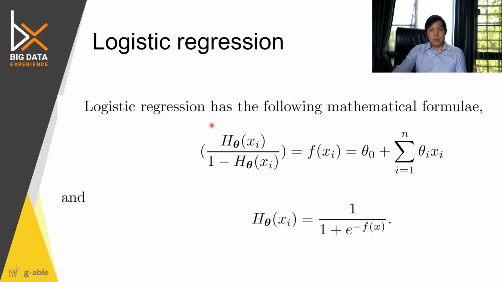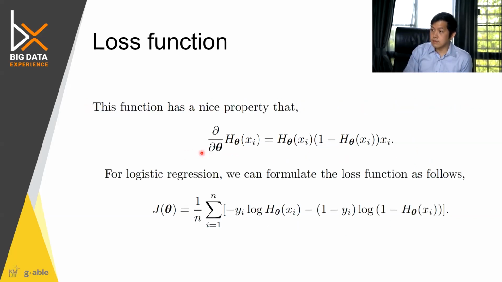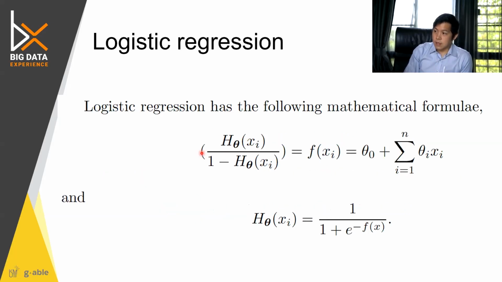Okay, so in terms of logistic regression, we express the associations between the chance of things happening and not happening in terms of this equation.